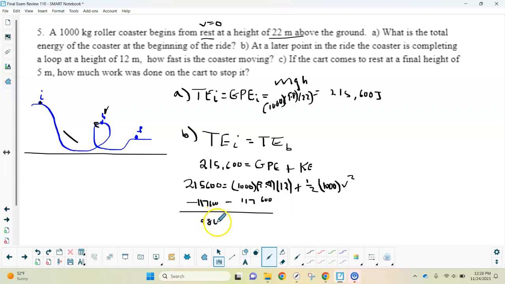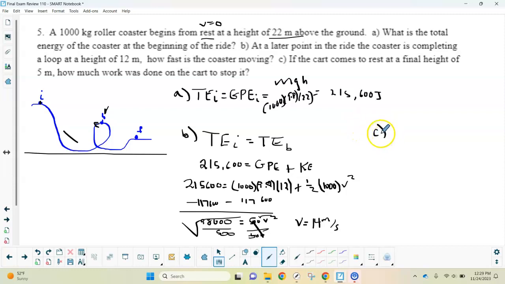So 98,000 is equal to 500 v squared. And then again, it's just doing the algebra to solve for v. So divide through by 500. And then you're going to take a square root. So when you divide by 500, that's 196. And then when you take a square root, you're going to get v is equal to 14 meters per second. So that is how fast that coaster car is moving at that moment when it's at the top of the loop there.